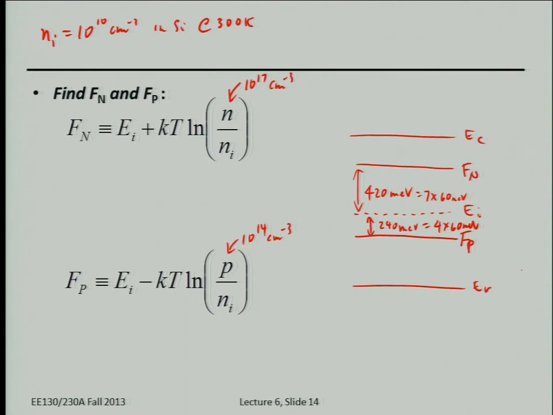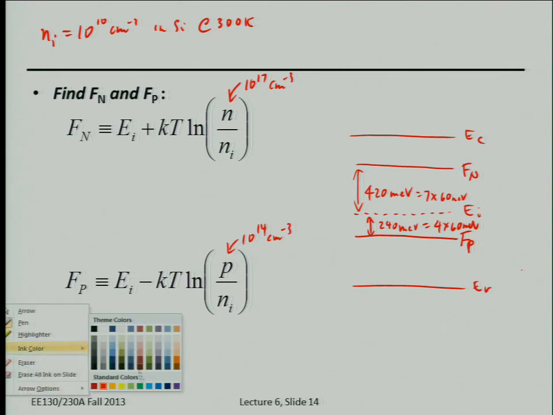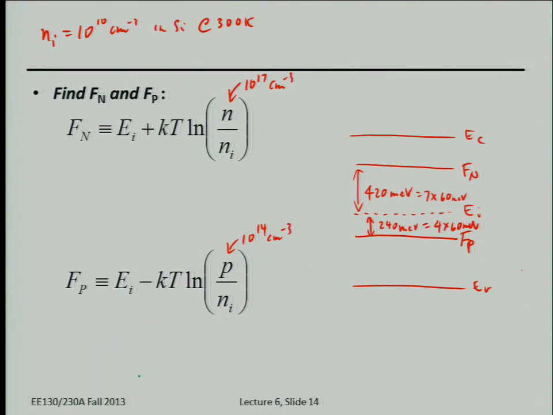So essentially, what happened between equilibrium and non-equilibrium? In equilibrium, you had a single Fermi level up here, E sub F, to describe the electron and hole concentrations.